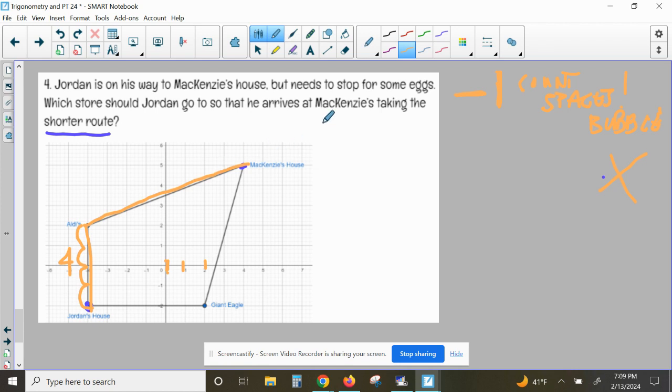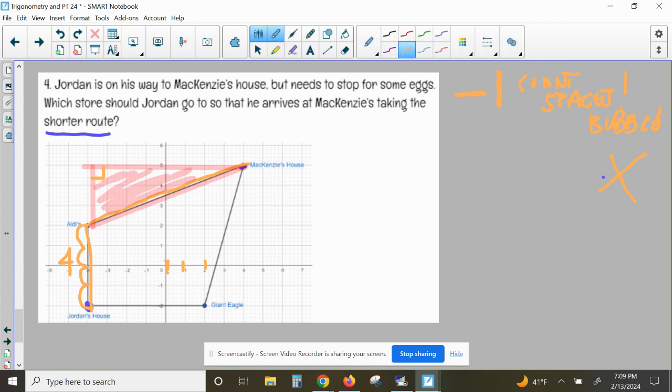So don't even try to count bubbles. Instead, we've got to make a fake right triangle. Think of this diagonal as being the hypotenuse. If I just go straight up and straight over, I will have a nice right triangle with a 90-degree angle in the corner.